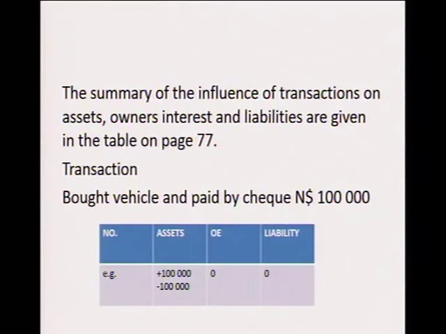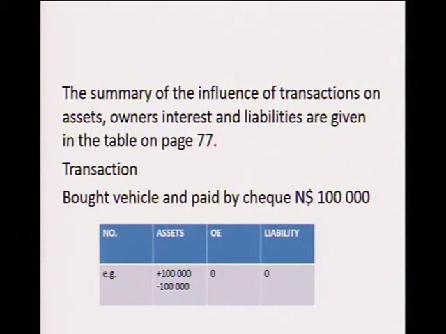So if we now have to do an accounting equation, we bought a vehicle with check. Now our vehicles in the business are going to increase. That is, when we are showing the effect, plus 100,000. That stands for our vehicle increasing.